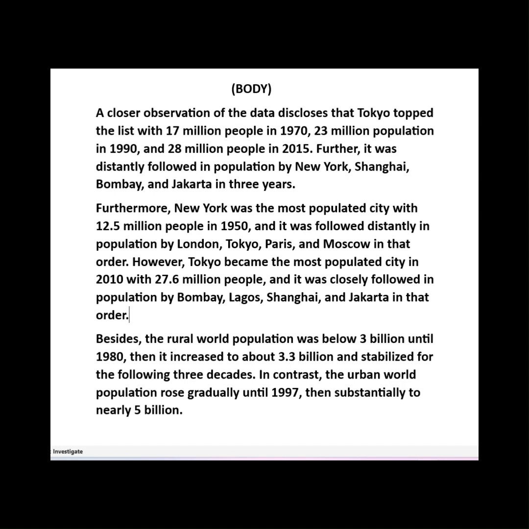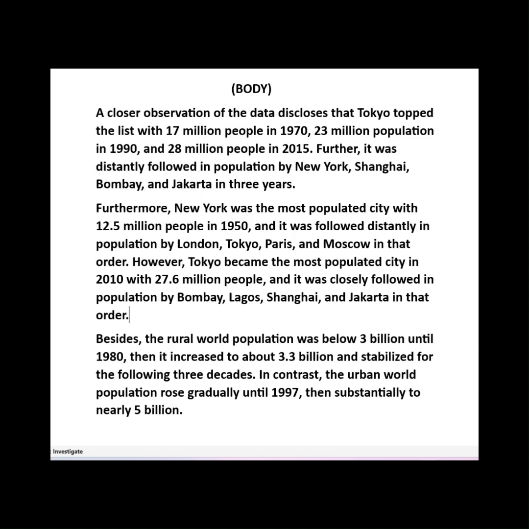Further, it was distantly followed in population by New York, Shanghai, Bombay, and Jakarta in 3 years. Very simple, my friends. Please notice that I'm taking the broad trends because this question contains a lot of information. There are 3 charts in this question.